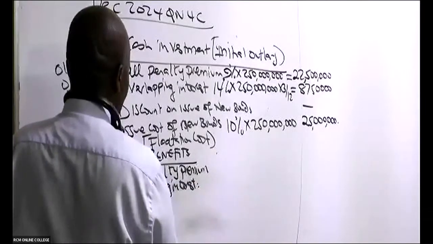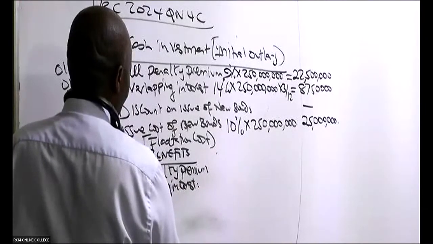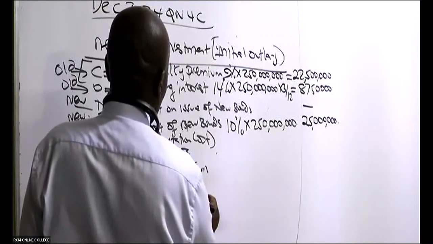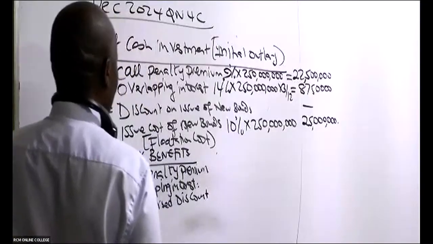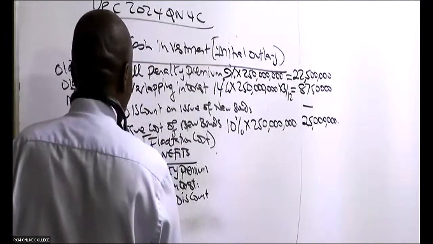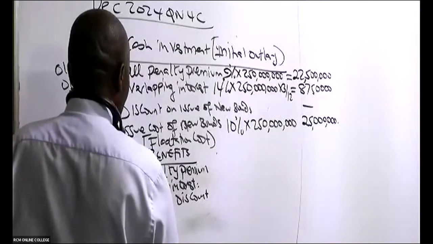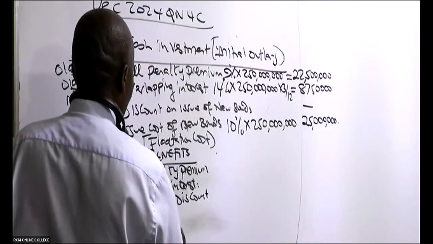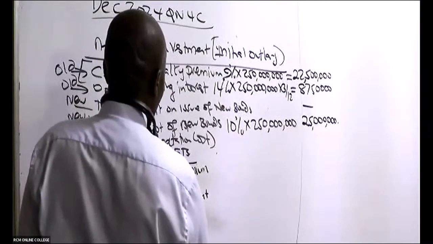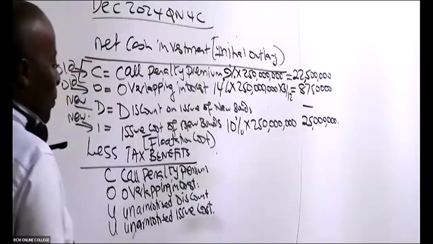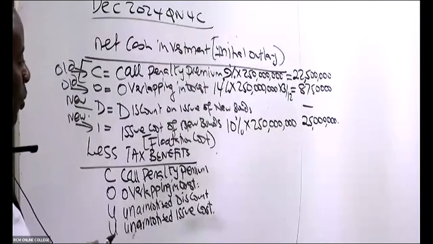And then we have unamortized discount. Then we have unamortized issue costs. COE for KRA. You make that bad sound to them.